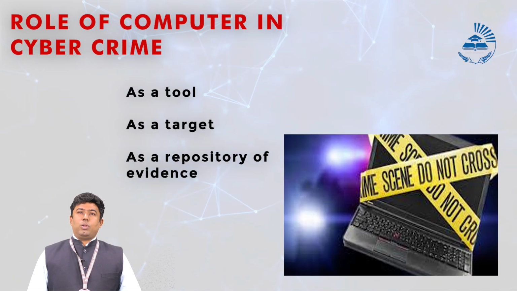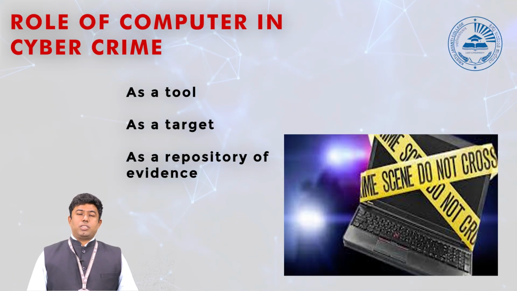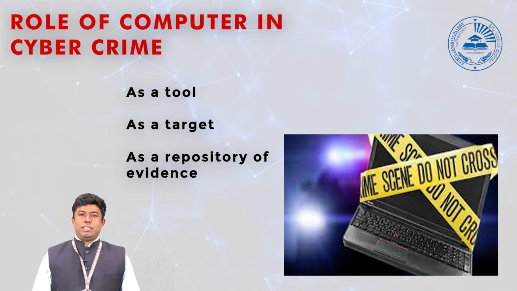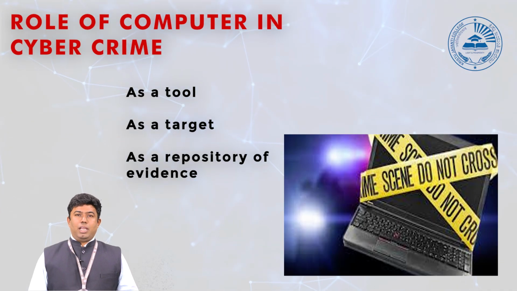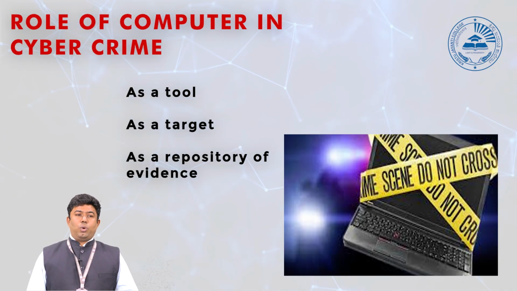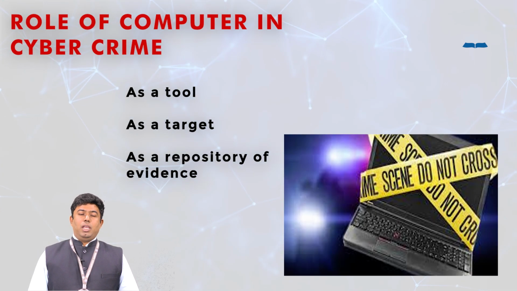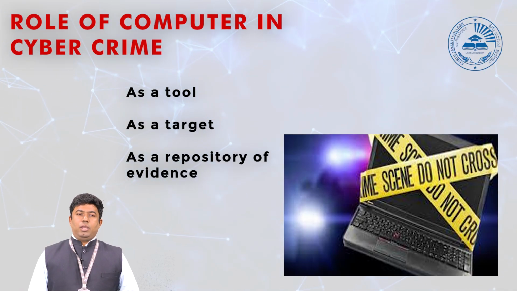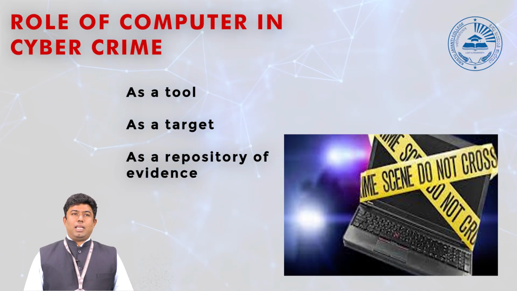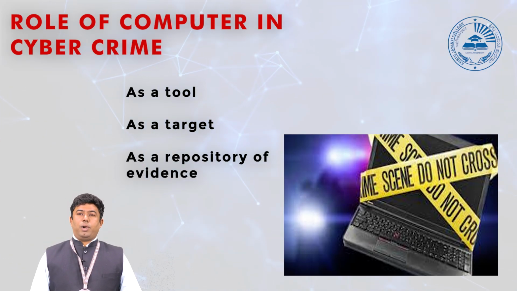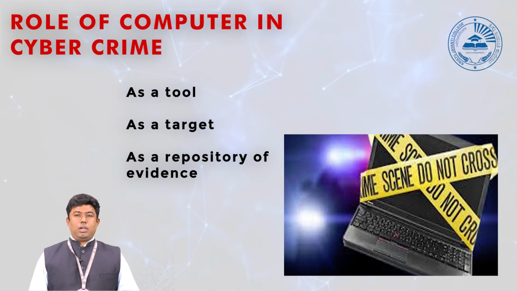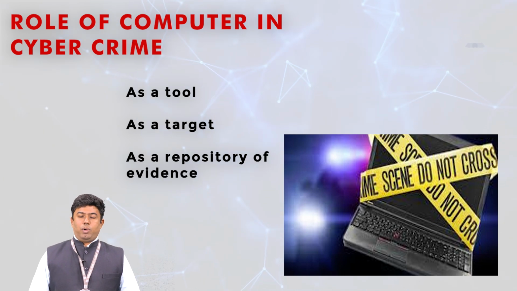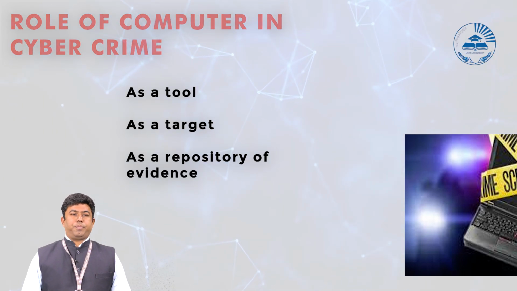The digital device also can be used as a repository of evidence, where the data or information is stored in a particular system, in a particular hard disk or SSD or pen drive. It's very important to understand these three roles in order to appreciate evidence that we may encounter either in a cybercrime or in a conventional crime.